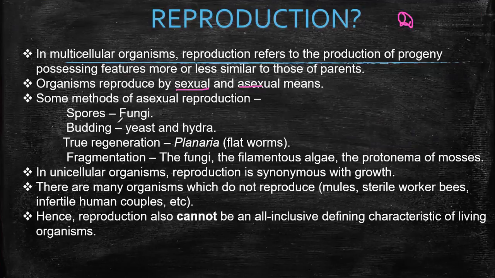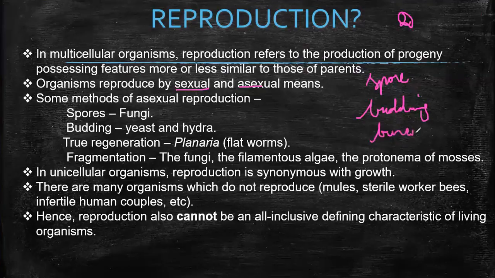Some methods of asexual reproduction are spore formation in fungi, budding in hydra, binary fission in amoeba, regeneration in planaria, which are flatworms, and fragmentation in filamentous algae and the protonema of mosses. In unicellular organisms, reproduction is synonymous with growth.